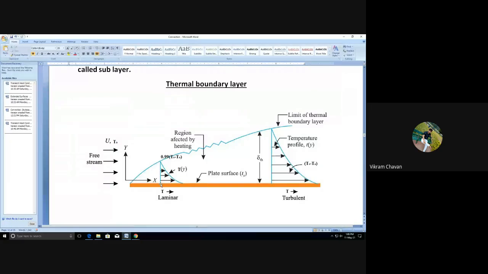As with the no slip boundary condition in the last lecture, the layer near the surface will adhere to the surface, and it will attain equilibrium with the surface temperature.